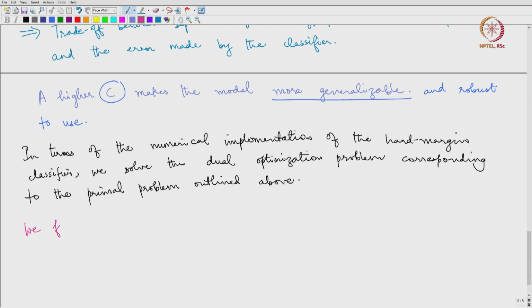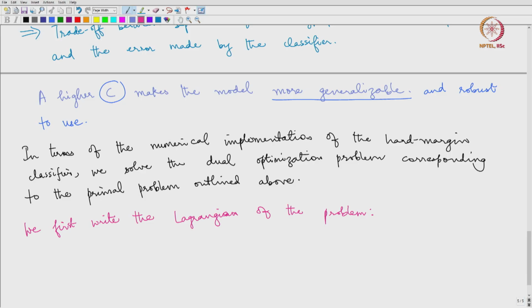We first write the Lagrangian of the problem. Okay. So, let us see how that is done.